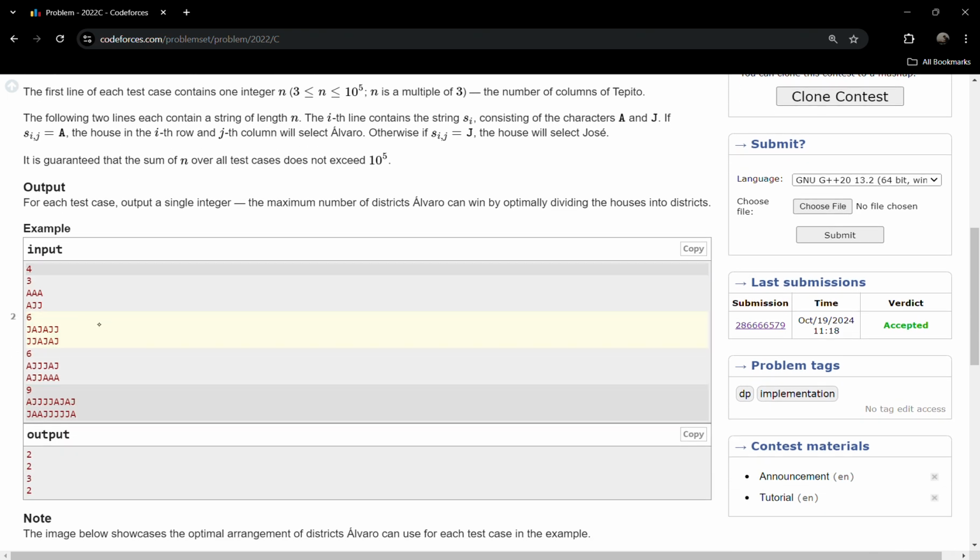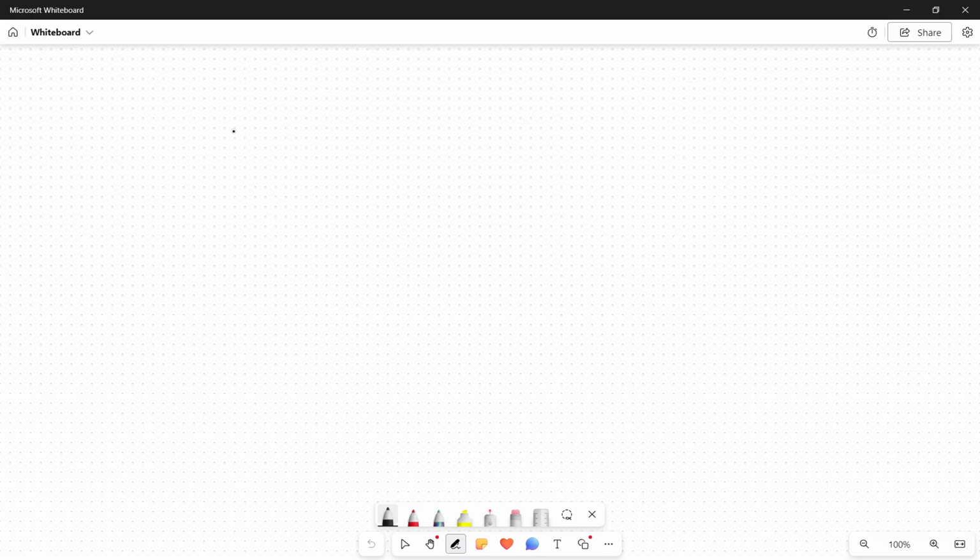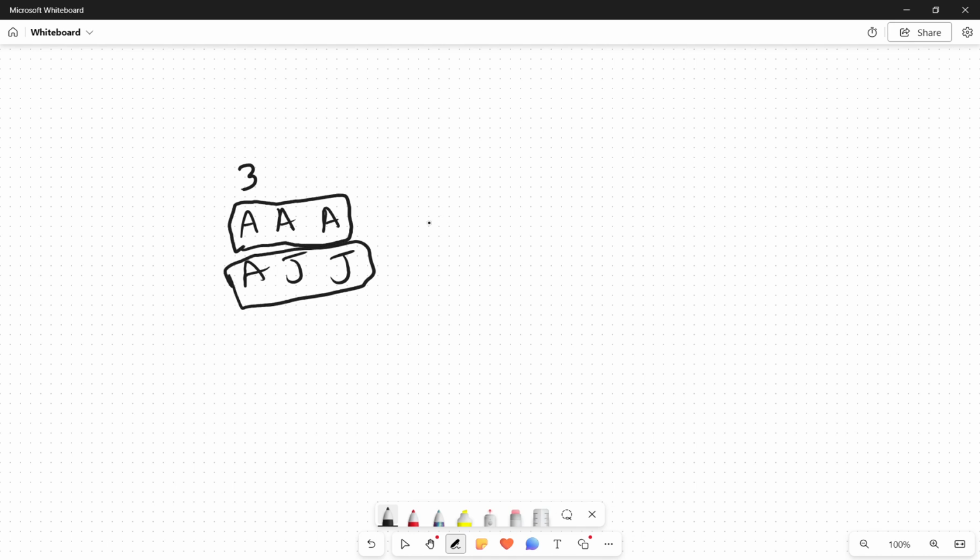Let's take a look at the first test case. The first test case is 3, AAA, AAJJ. Now if Alvaro tries to divide the districts like this, the maximum number of votes he can get will remain 1 for the upper rectangle.